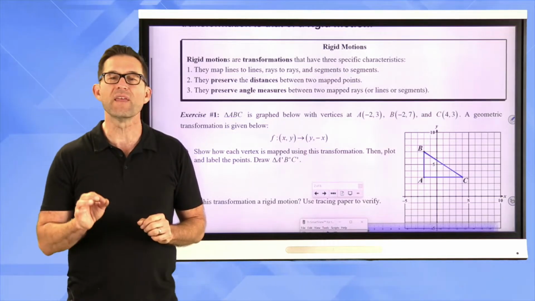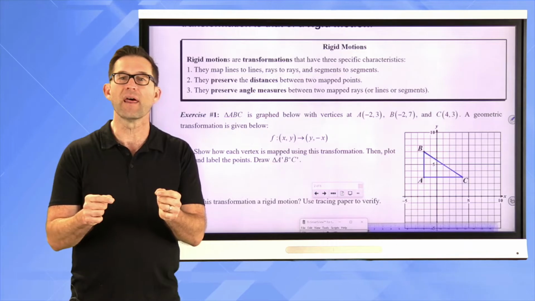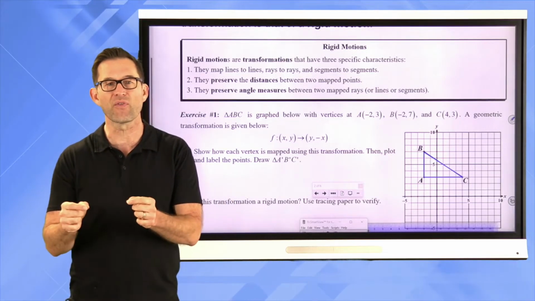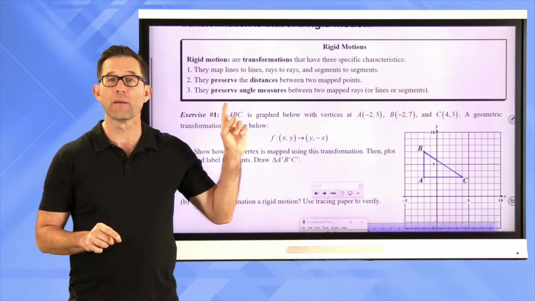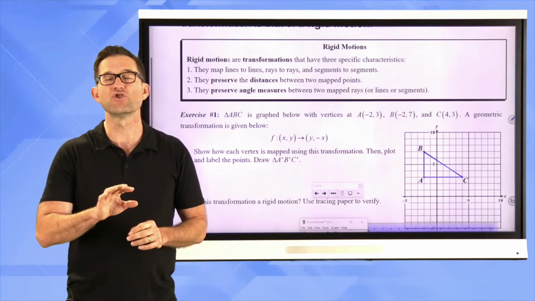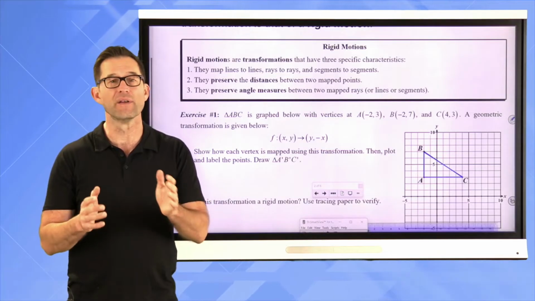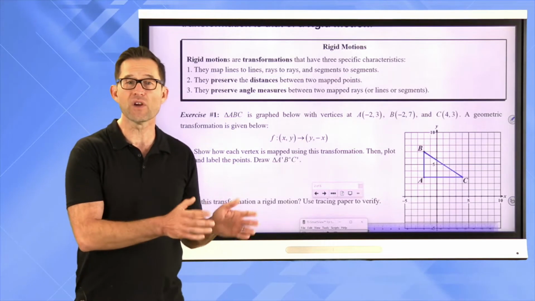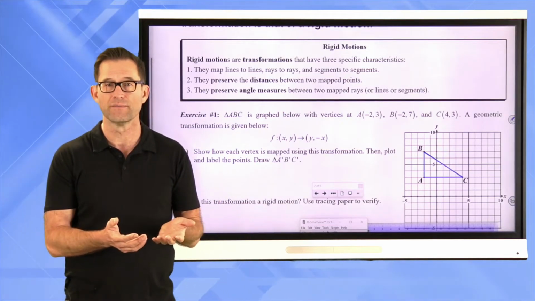One of them is that they preserve distances or lengths. So if I take a line segment and I map it with a rigid motion, its image will have exactly the same length as the original segment. And the second piece, they preserve angle measures. That's important because that means that the shape of an object won't change. In other words, if I take an angle that's 45 degrees and I map it using a rigid motion, the image angle that I get will also be 45 degrees in measure.